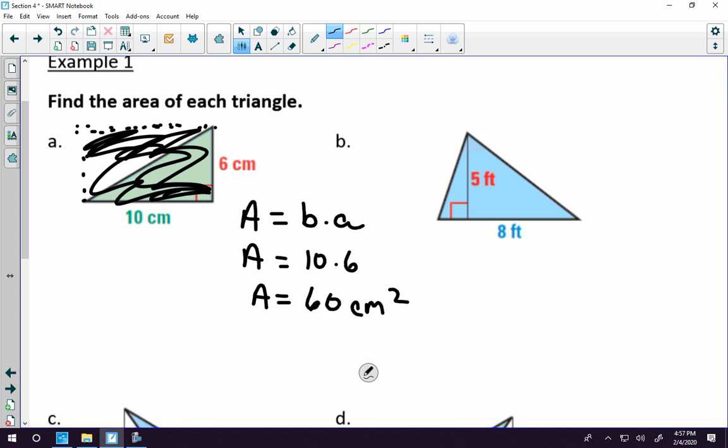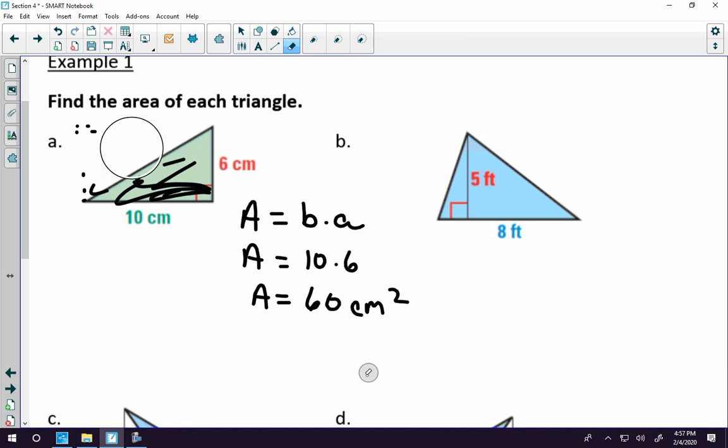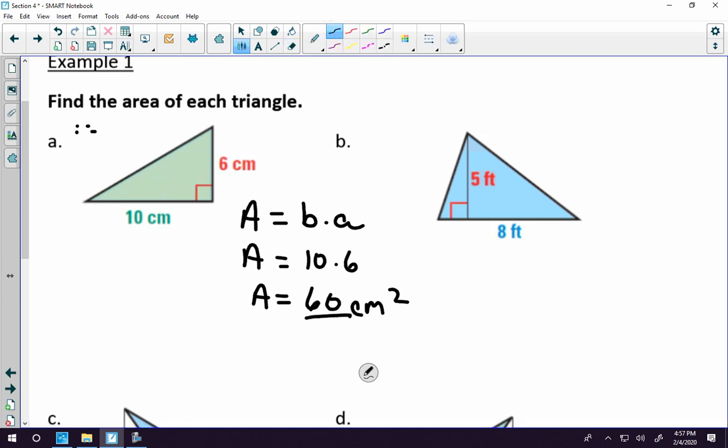But we're not trying to find the area of the rectangle I just created. We're trying to find the area of this triangle, which is half of our answer. So we take that and divide by 2. Sixty divided by 2 is 30, so the area of this triangle is 30 square centimeters, because half of 60 is 30.